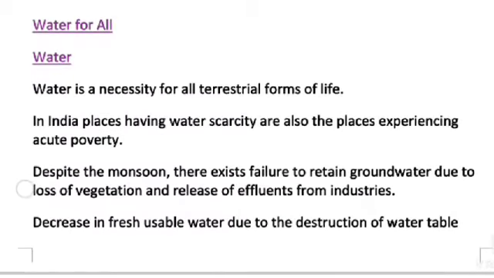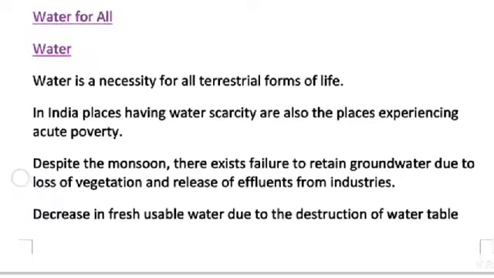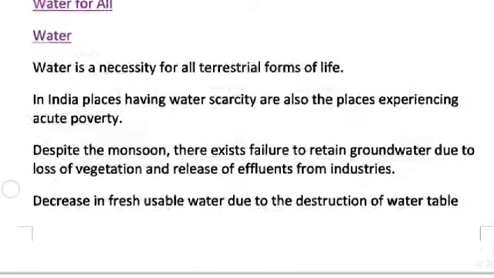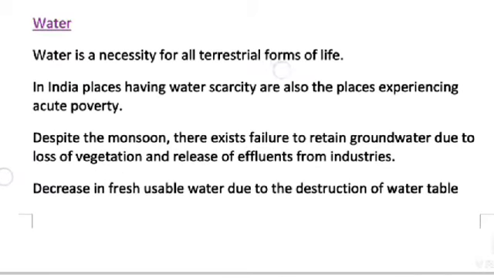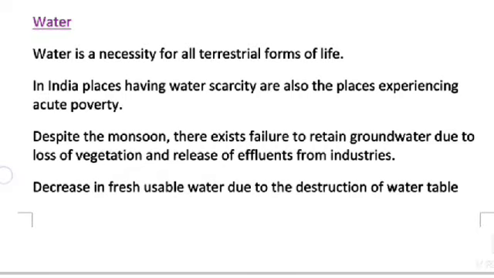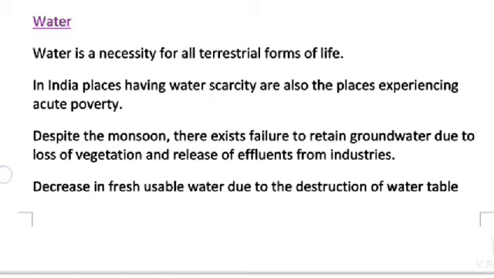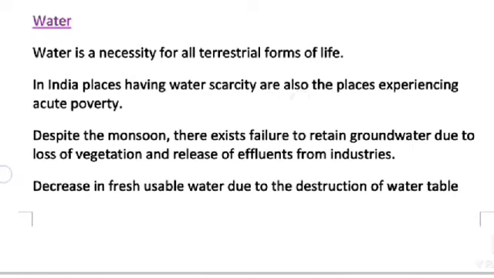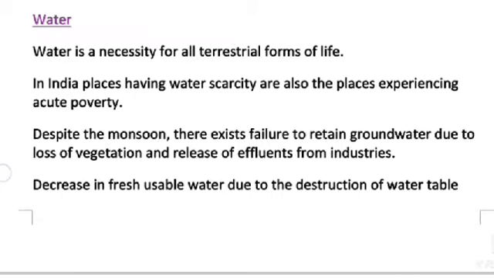Water for all. Water is necessary for all terrestrial forms of life. In India, places having water scarcity are also the places experiencing acute poverty.